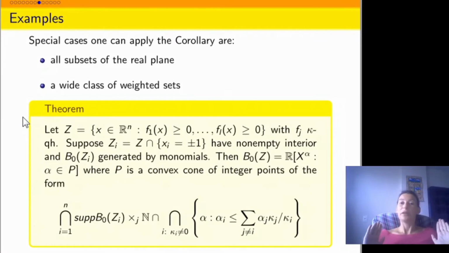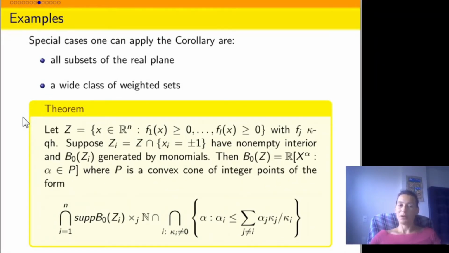But okay, the theorem says that the algebra of bounded polynomials in the set Z is generated by monomials which have powers in lattice points belonging to a convex cone of the following form: an intersection of this over the support of all the algebras of bounded polynomials on Zi times the natural numbers.